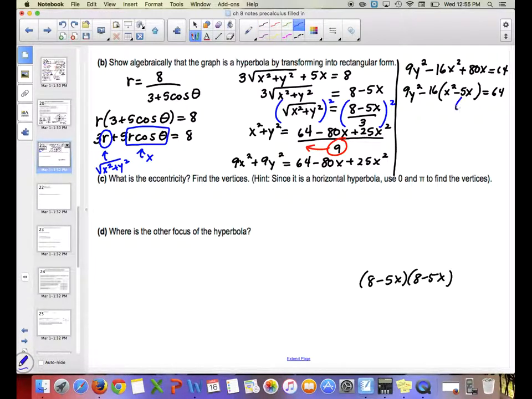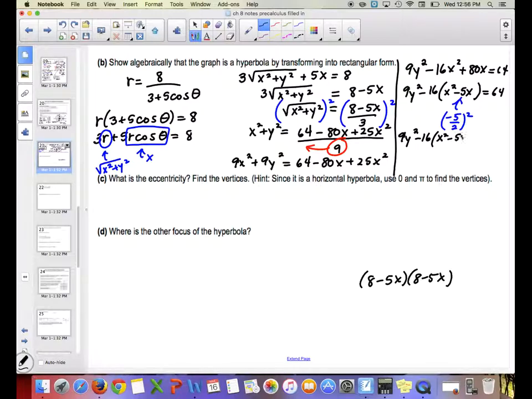So we're taking this negative 5, we're dividing by 2, and we're squaring it. So what do I get when I do that? 2.5. You guys are always doing decimals. Fractions are your friend.